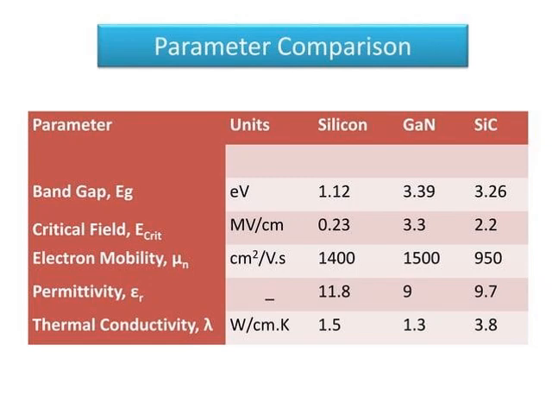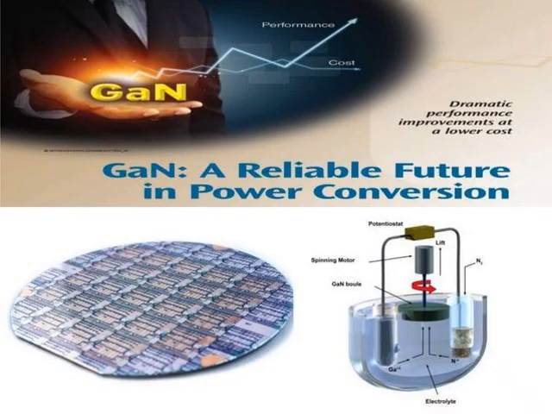Then the permittivity is compared, and thermal conductivity is also compared. The main objective is that we can use these in very high temperature environments and for very high voltage systems, electric conversions and power conversions. Very high power conversions are mostly reliant on these kinds of special semiconductors.